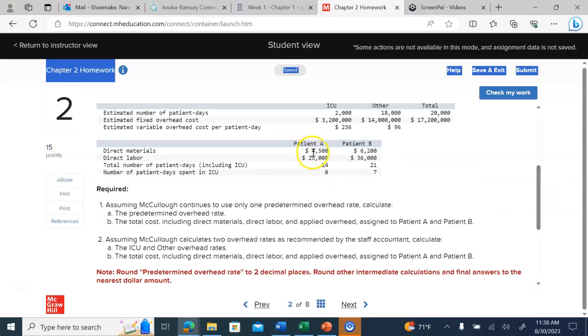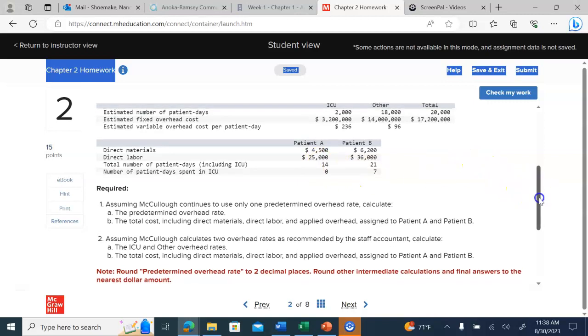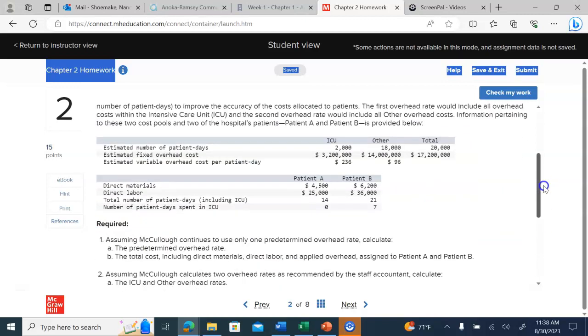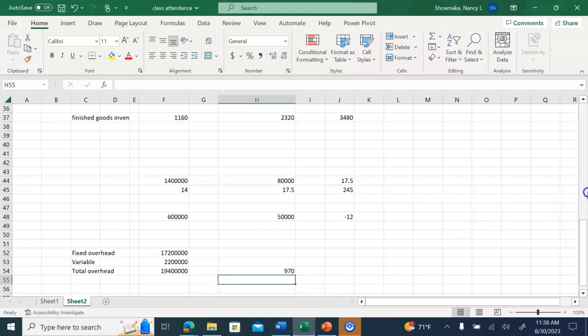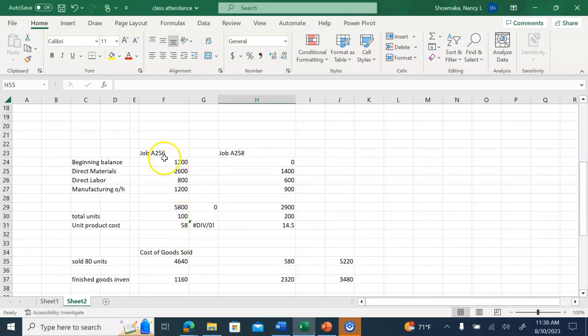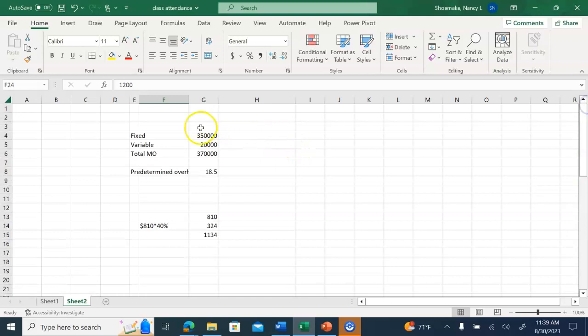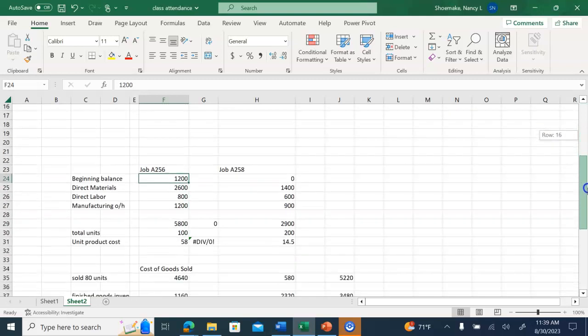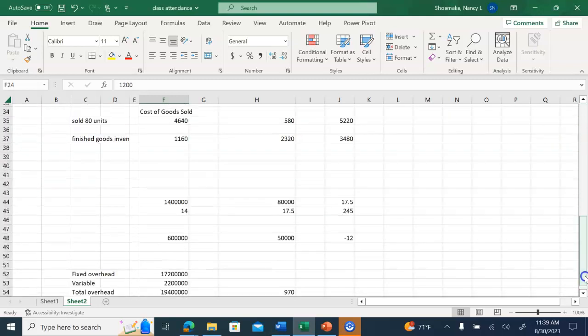If patient A had 4,500 of material, 25,000 of direct labor, and 14 days, then won't we want to take, we'll take direct materials. Sorry, trying to figure out. Well, I'm going to just go down here.